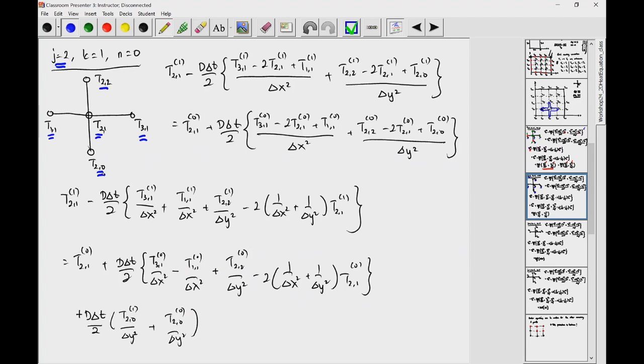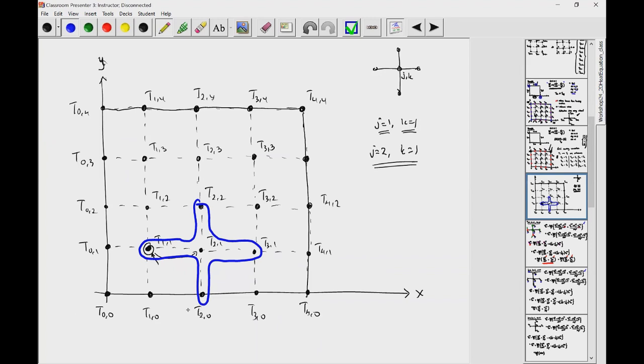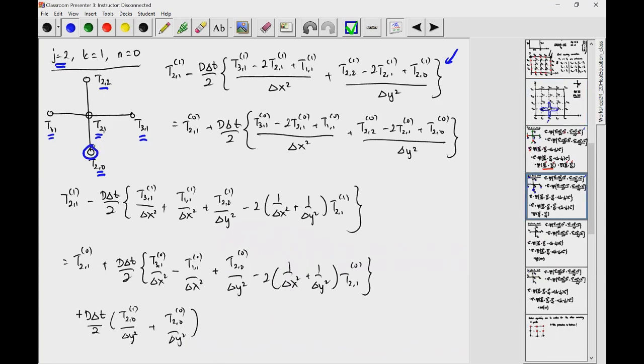Okay. So again, if you sub in the index for J, K, and n into your Crank-Nicholson scheme, you will end up with this equation. And here, if you look at this grid index itself, you will know that there is only one boundary condition, which is your T20. Okay, so this is your boundary condition, and you can move this to the right hand side, and this becomes your equation 2.